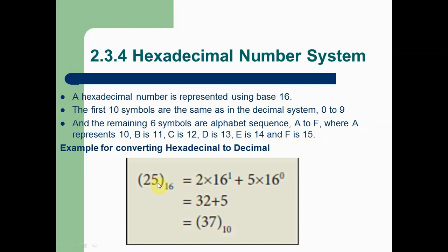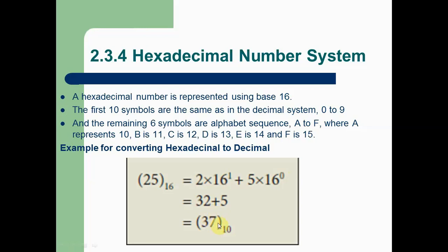Here you can see 2F. Each and every digit should be multiplied with the base value, and every base value should be raised to the positional power value. The positional power value starts from 0, then 1, from the right direction. After that you calculate and finally get the answer.